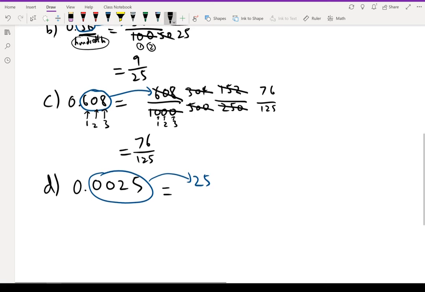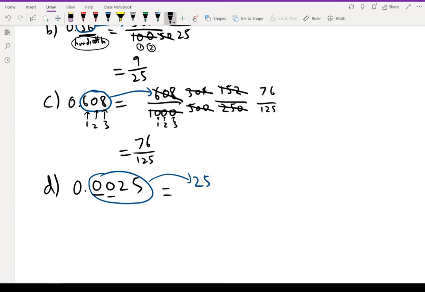But at the bottom, we still count the same number of decimal places after the decimal. So this will be 1, 2, 3, 4 decimal places. So at the bottom I'm going to write 1, and then 4 zeros.